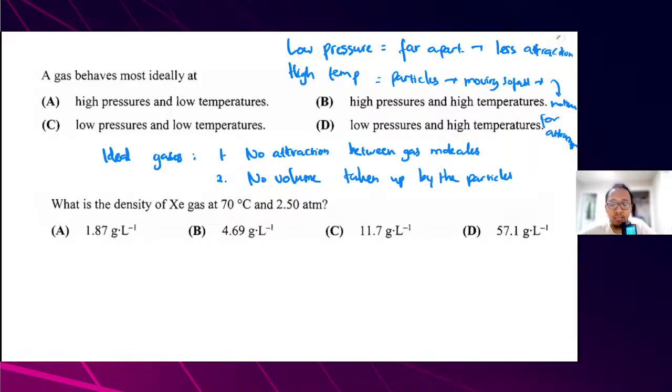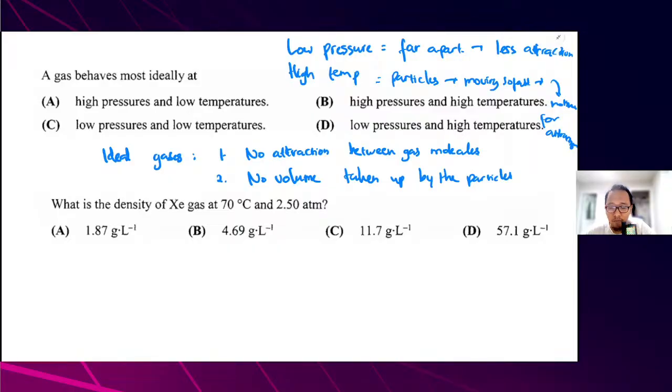So remember just two concepts. If we want to get the ideal case, we have to have no attraction between gas molecules by lowering pressure. If we lower pressure, the particles will be far apart, so the impact is less attraction.